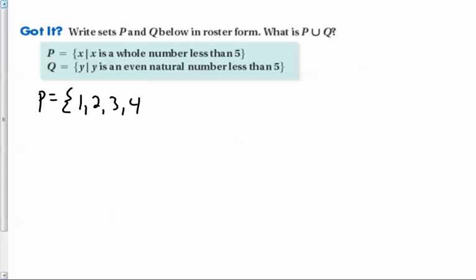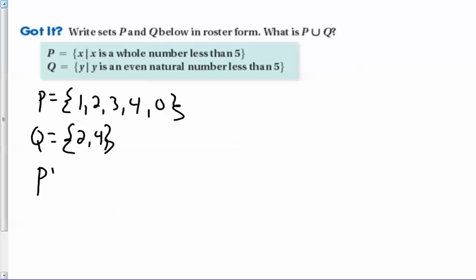The question is, do we include 0 there? Yeah, actually 0 is included, isn't it? So I'm just going to throw that in there. And then Q says y is an even natural number less than 5. So natural, that's the 2, the 4, and that is it.